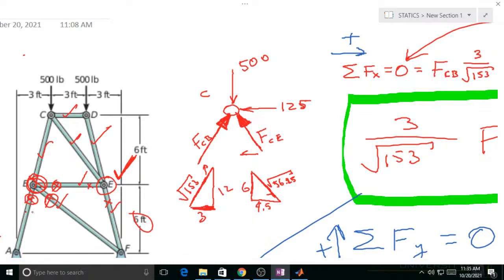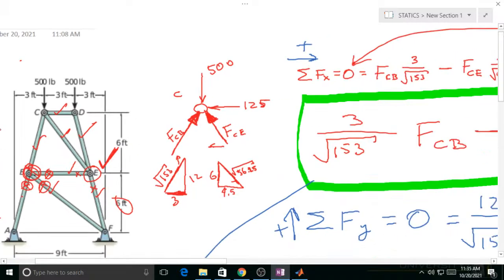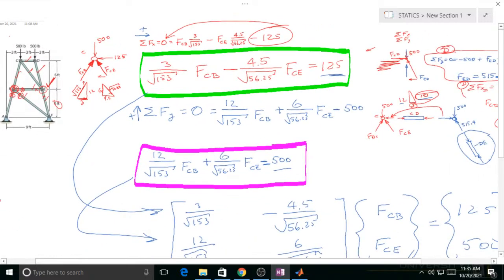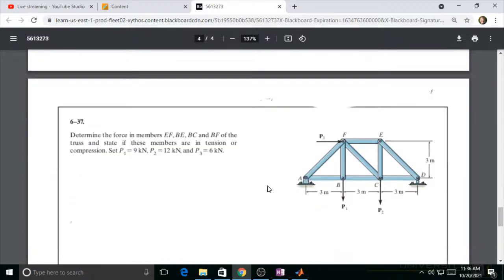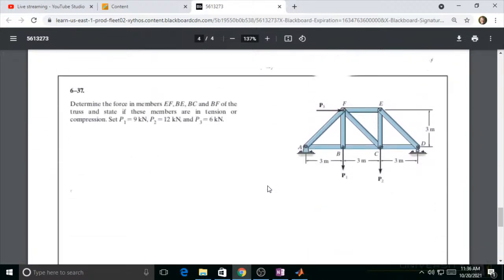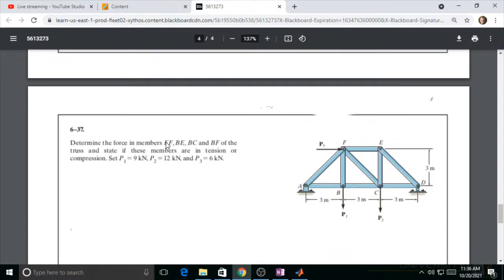Okay, the other question, I've only got 10 minutes left, was on the last problem. And I may go through these a little bit more next time, but I think the question that came up is determine the force in members EF, BE, which there isn't a BE, BC, which there is a BC, and BF.